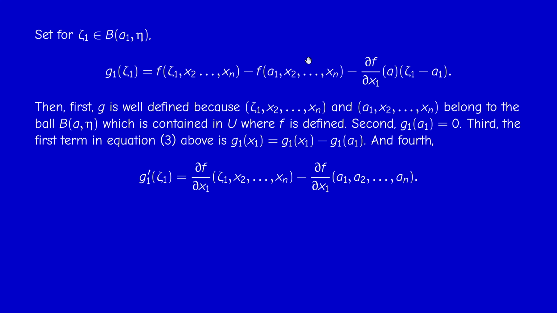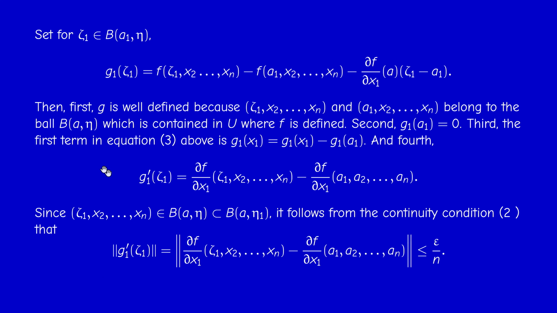This is a constant, it doesn't depend on zeta1, and this term is actually linear in zeta1, linear and continuous, of course. So the derivative is just this linear bounded map, the partial derivative, evaluated at the point a.